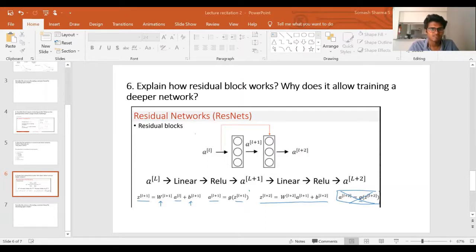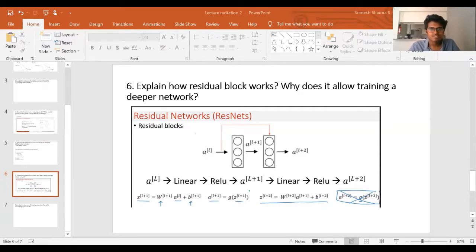So the second part is, why does it allow training a deeper network? If we train a deep network, a plain one without the residual block, there will be a divergence in the training error versus the layer graph.